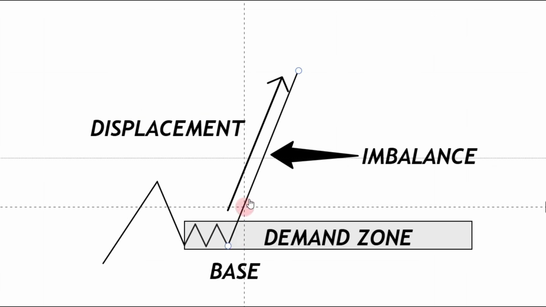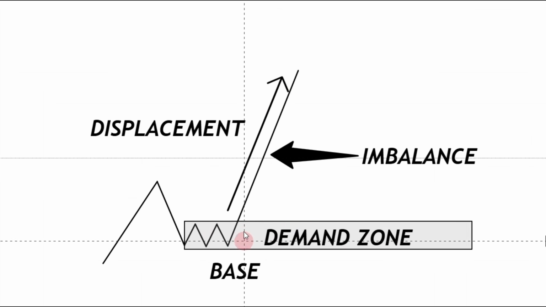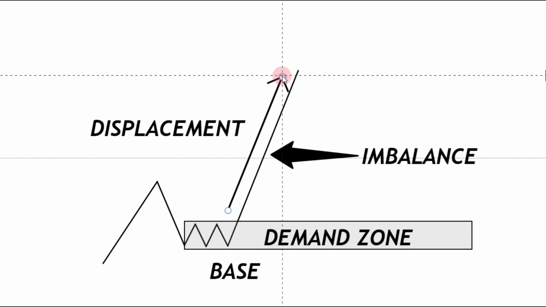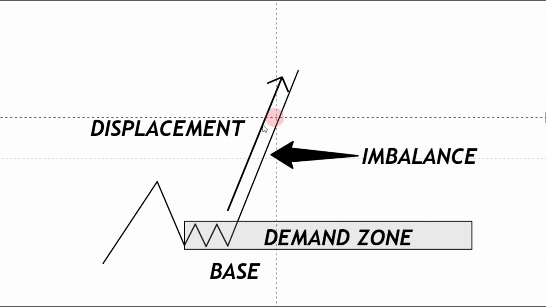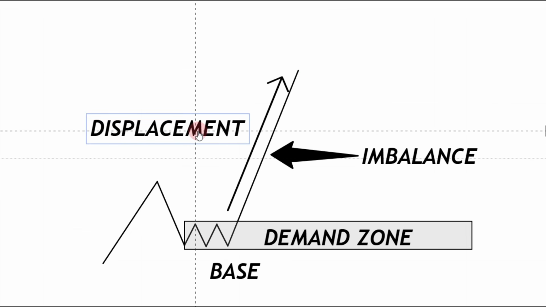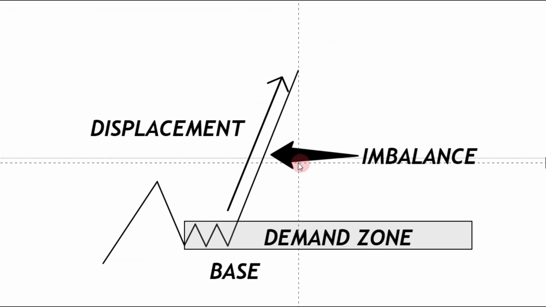The base that caused the displacement is our demand zone. That is the simplest way I can explain a demand zone. Let me repeat this. You look for the base that caused a displacement. What makes a displacement? A displacement contains an imbalance or a fair value gap. As we continue into the charts, we shall look at the fair value gap and the imbalances I'm talking about.